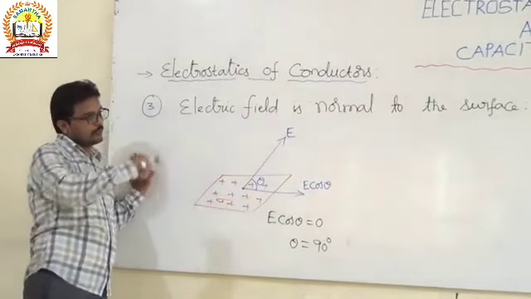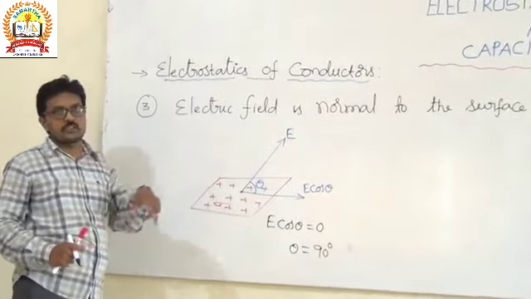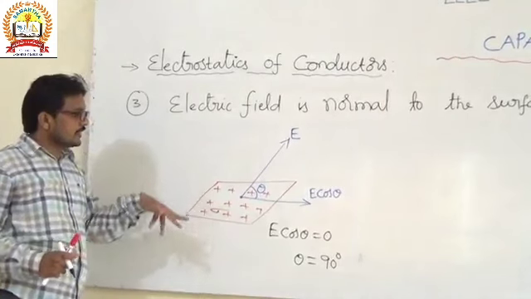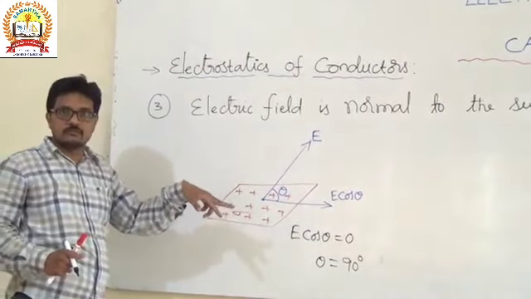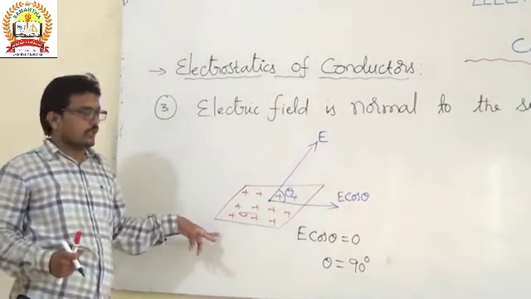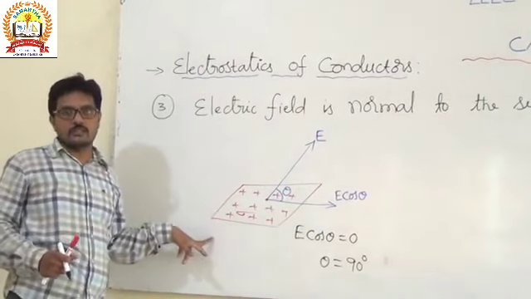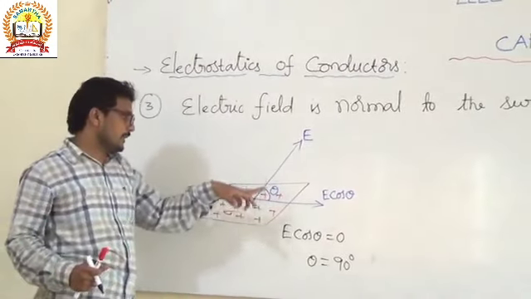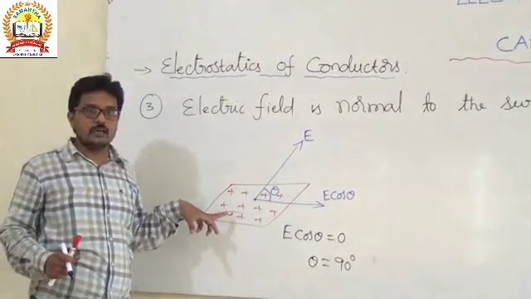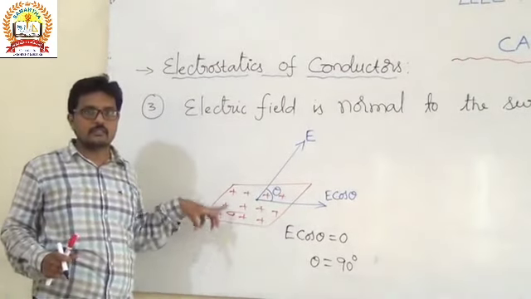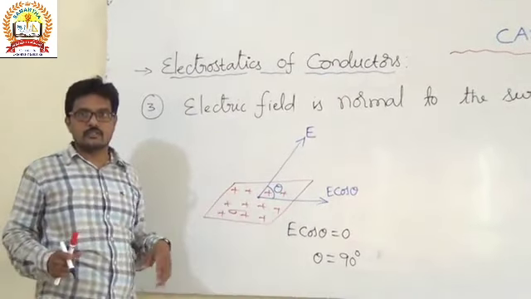And one more point: we know about the equipotential surface. We proved that inside the conductor the electric field is 0 and the charge is also 0, so the potential will be constant. If the potential is constant at any point inside the conductor or on its surface, that surface is an equipotential surface.